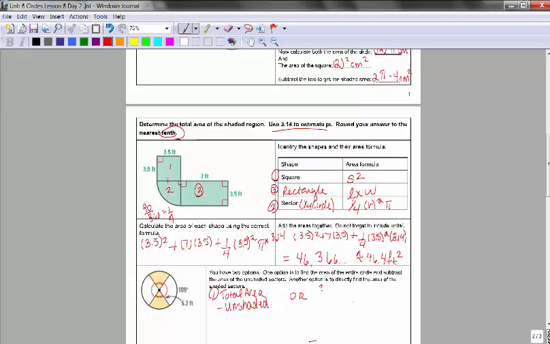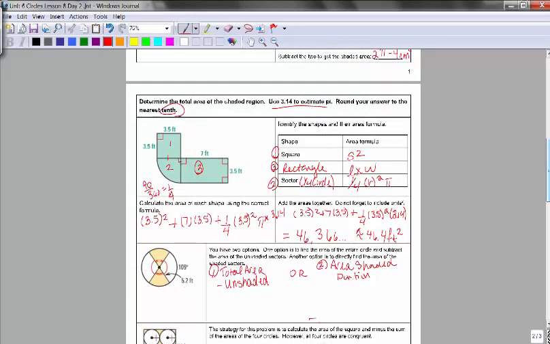Or we could just find the area of the shaded portion. So you decide which one you think makes more sense to you, to understand. Maybe I'll just do the area of the shaded portion.